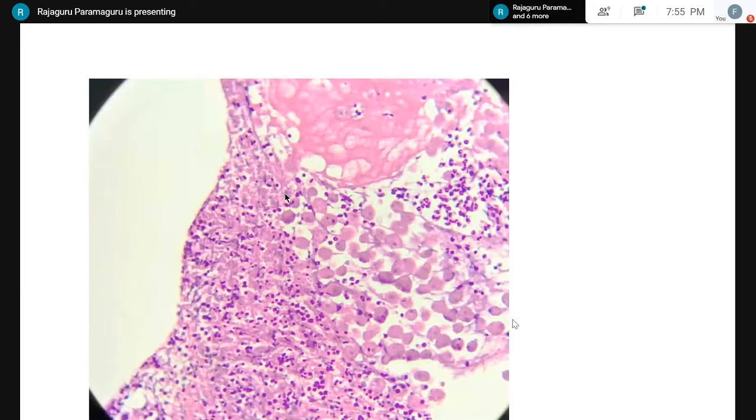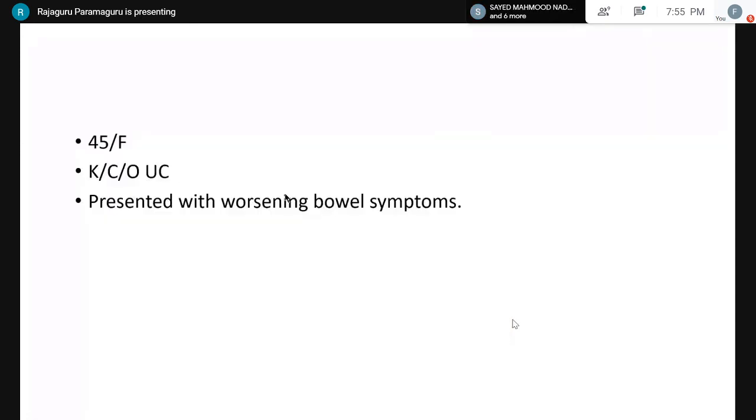In another case, a 45-year-old female, a known case of ulcerative colitis, presented with worsening bowel symptoms. So the sections were like this. The architecture is mildly distorted.